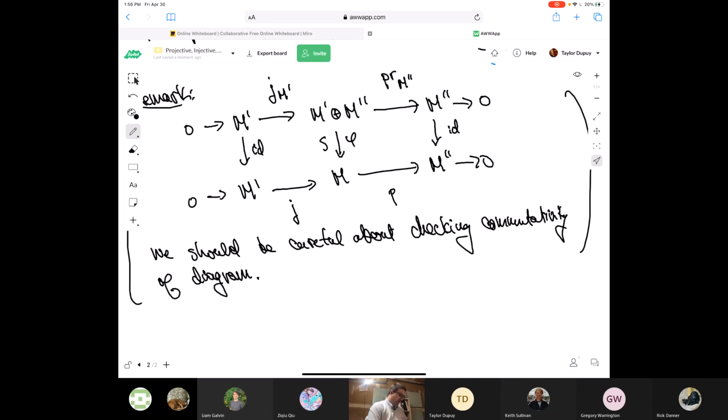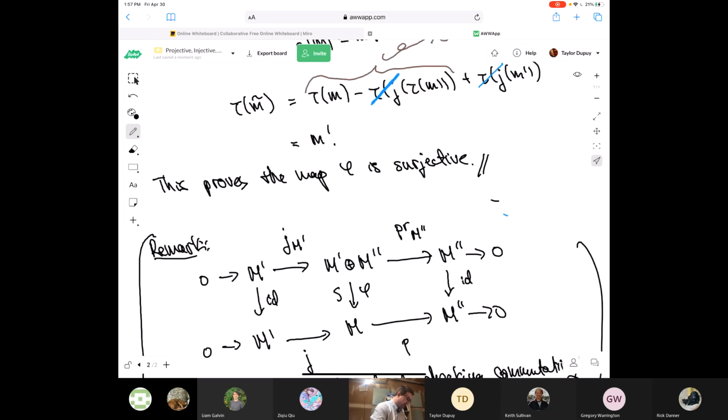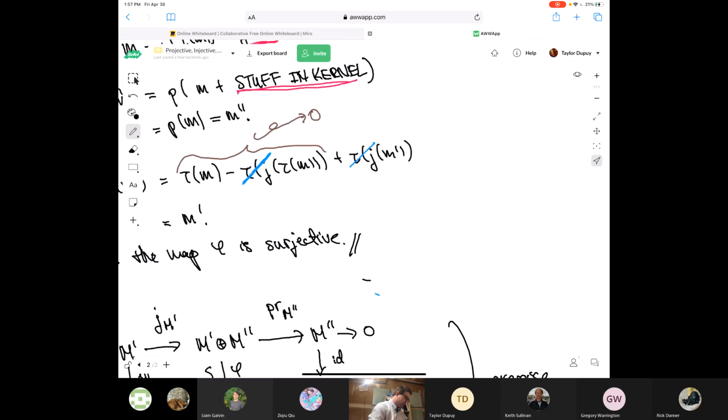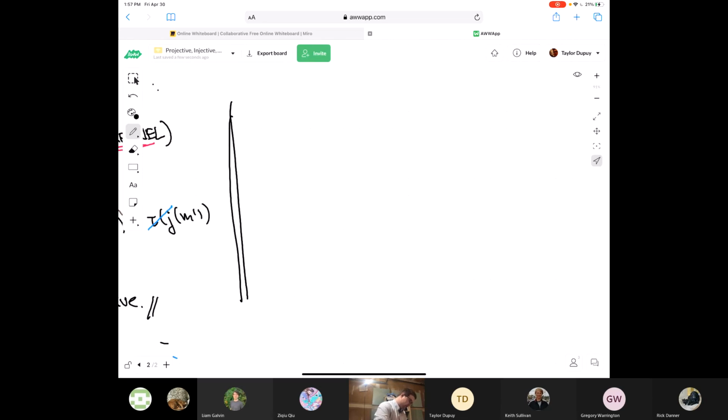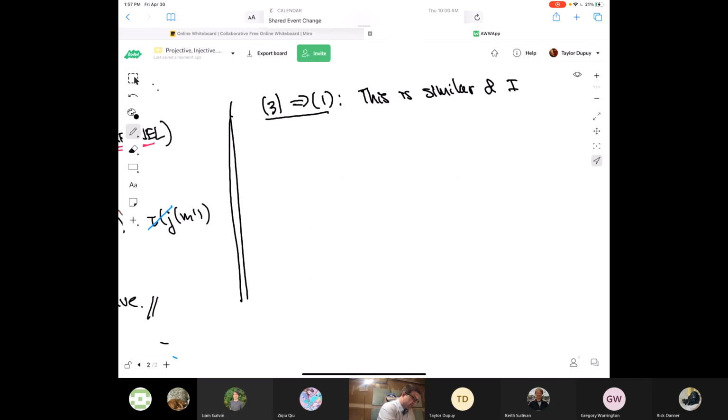Okay, and so we just proved this top part. So in what else am I going to say? So the 3 implies 1. Oh, okay, sorry, I only did one part. So let me just say here, 3 implies 1. This is a similar exercise, and I put this on the problem sheet.